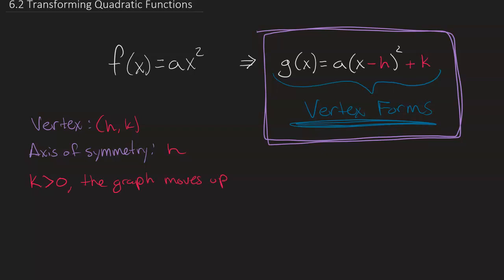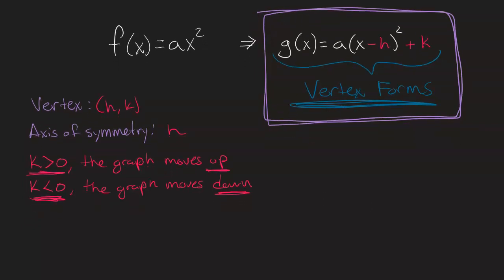So let's just keep it in simple terms. The graph moves up. That means if k is less than 0, the graph moves down. So it moves up if k is greater than 0. It moves down if k is less than 0.